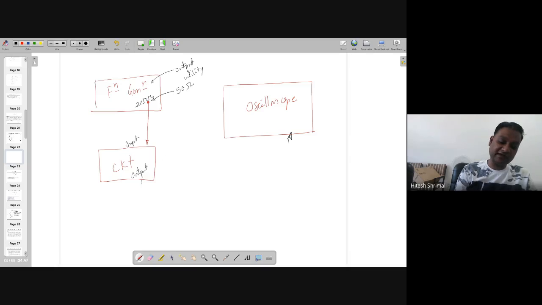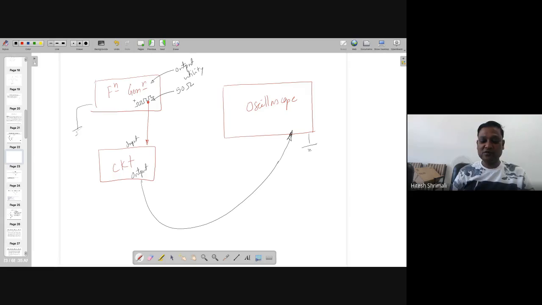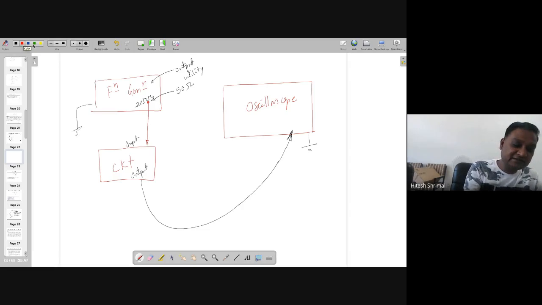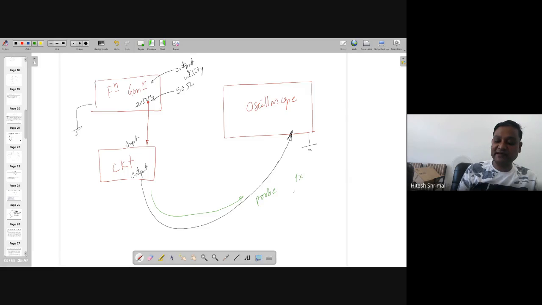Whereas if you connect the oscilloscope, this oscilloscope is now acting as a load to your circuit. By the way, all the chassis of these instruments are grounded. If this device is going to load me, and I want to find out how much load there will be, you have to understand what kind of probe you are using. It might be 1x, 10x. Different probe conditions are there.